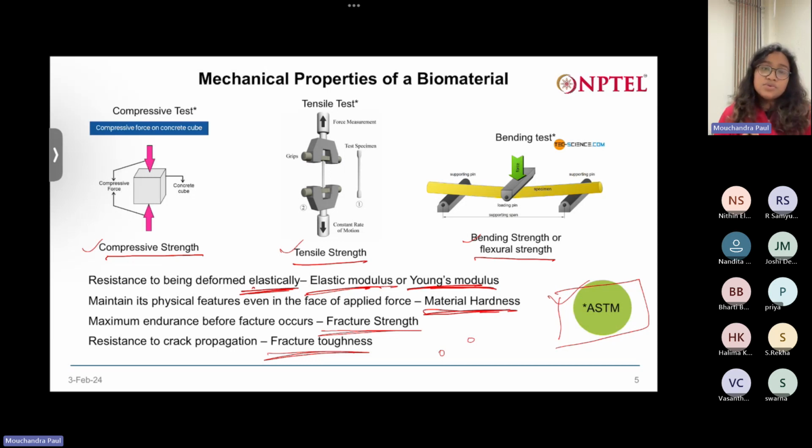There's no way you can save that material. It will break. That is the fracture toughness. I'm trying to make you understand the essence or meaning of these terminologies, how to calculate and all. It will become much clearer when I show you a stress versus strain graph.